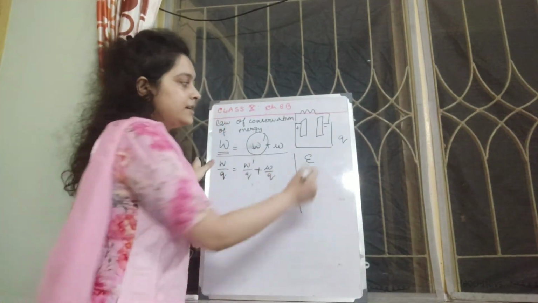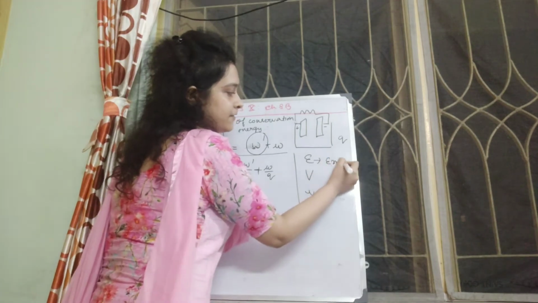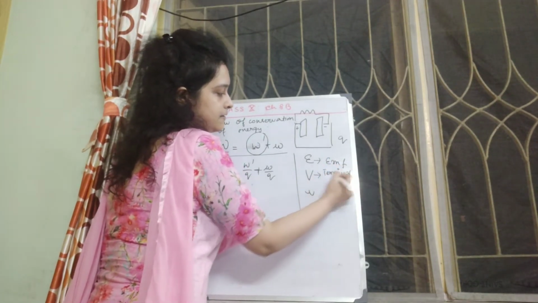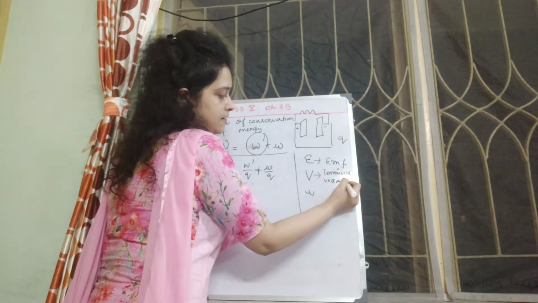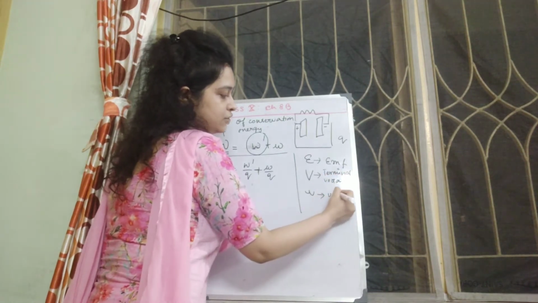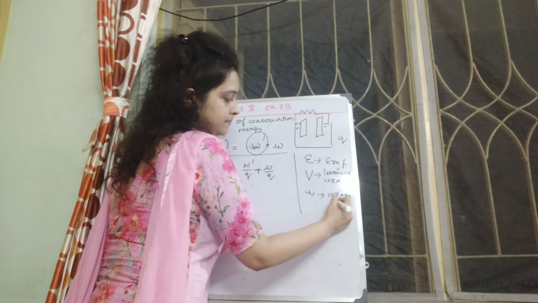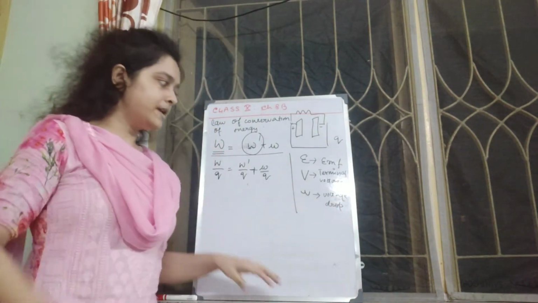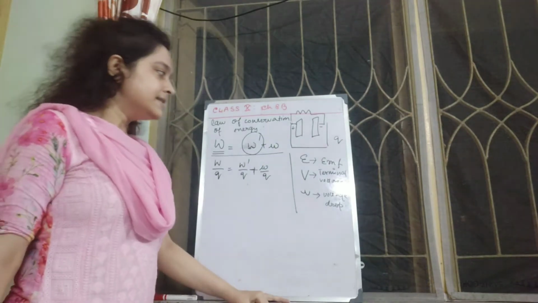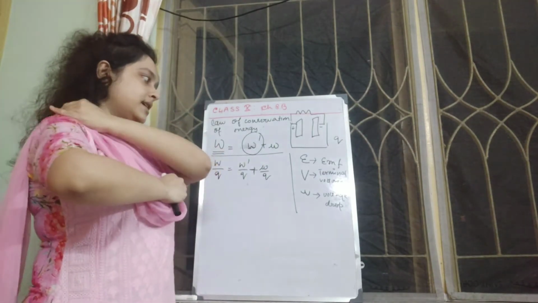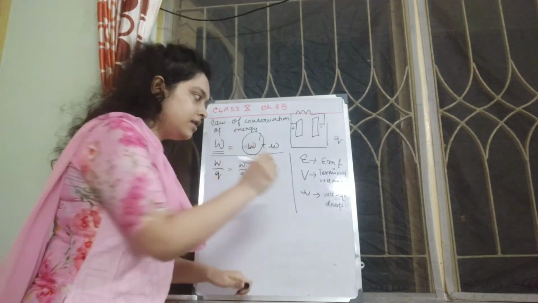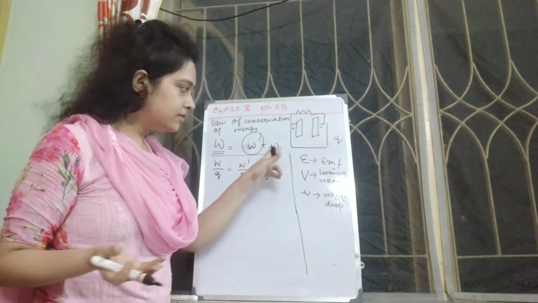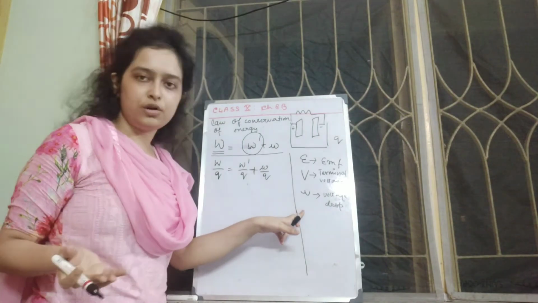What is small v? This is the EMF. This is the terminal voltage. Voltage drop. Right? So, first of all, if I ask you the SI units of these three, the SI units, volt.